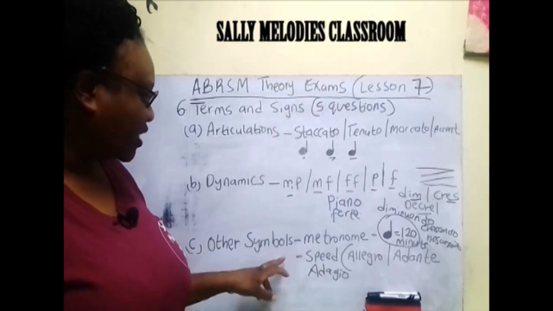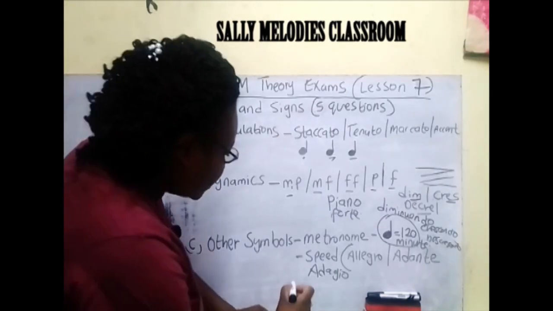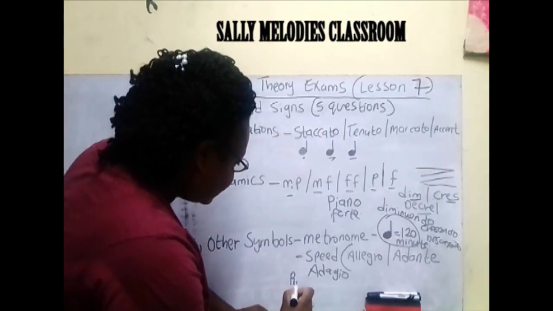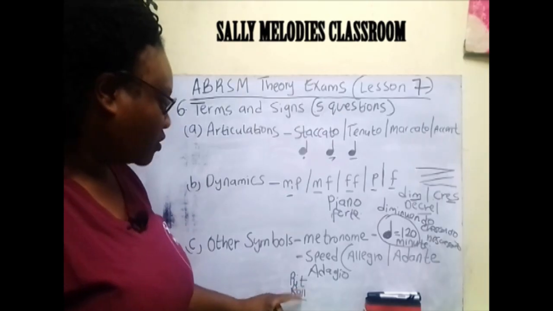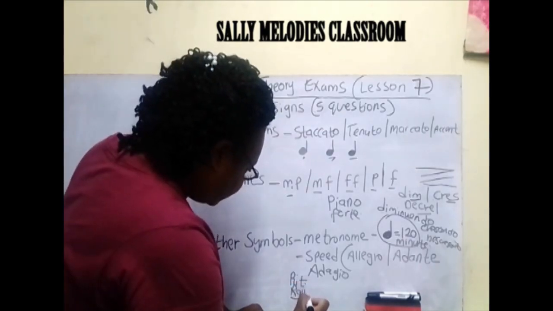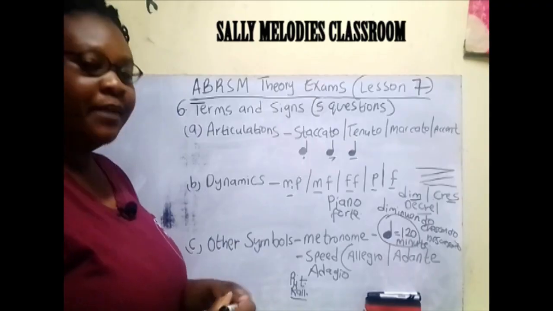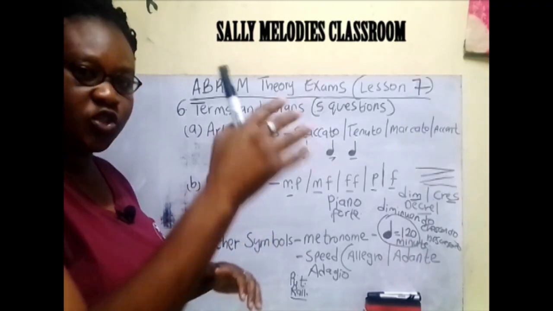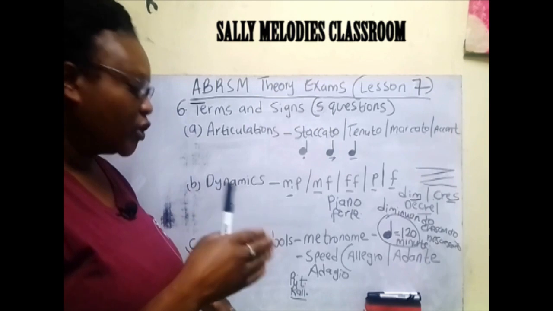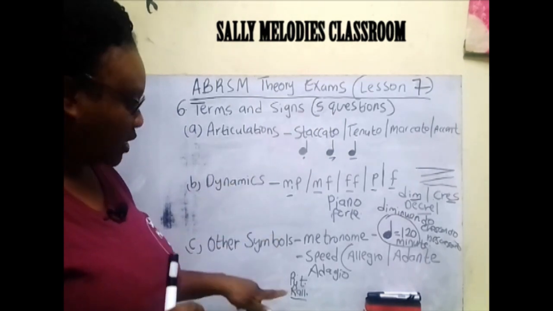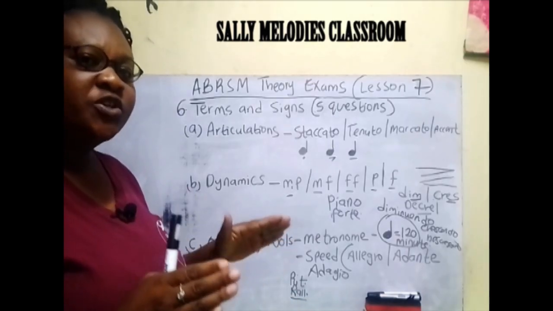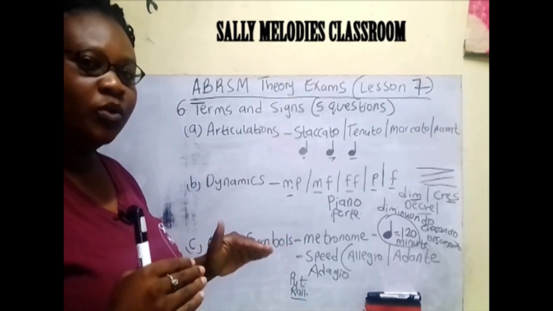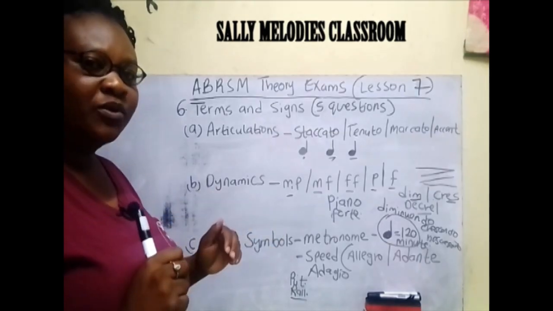In terms of speed, you can have something like this: rit or rall. Written somewhere maybe towards the end of a song or maybe towards the end of a certain section. Just know that rit or rall means that you reduce the speed, the tempo, to a low tempo.